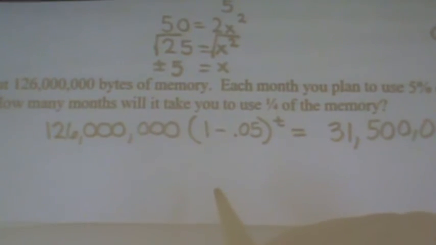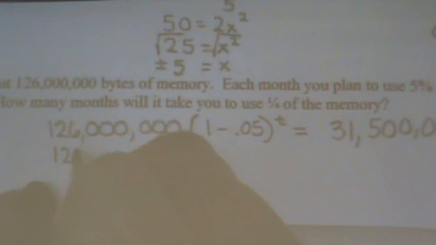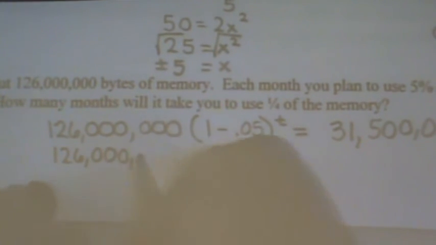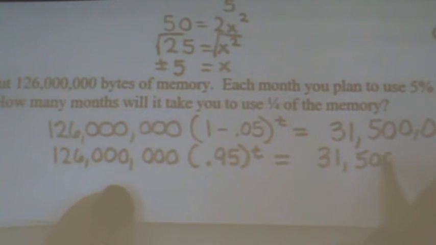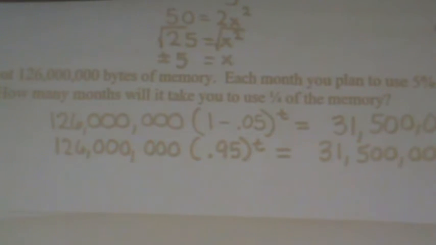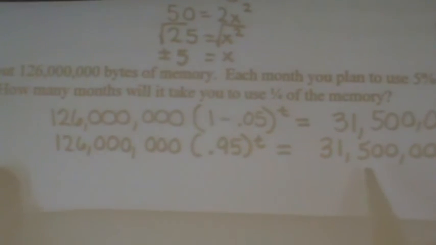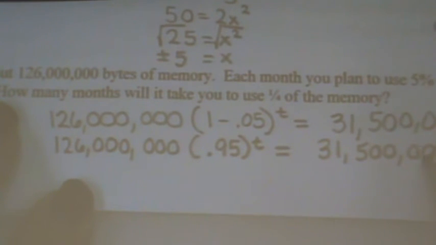So what you're gonna do now, you've got 126 million. Now, I know you know to divide these, right? Do you know what you can do with those zeros? If you put this underneath here, we've got 1, 2, 3, 4, 5 zeros.